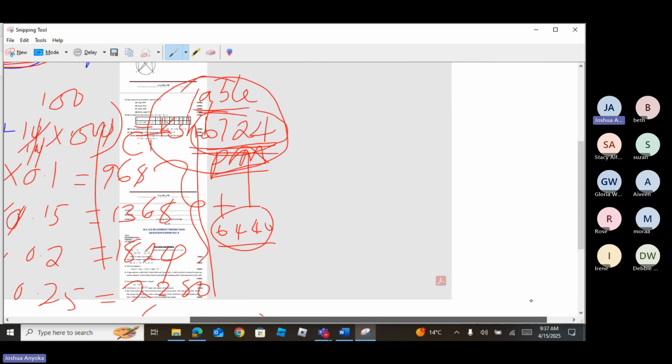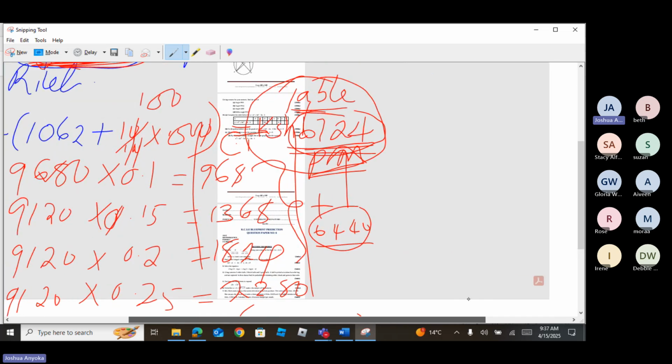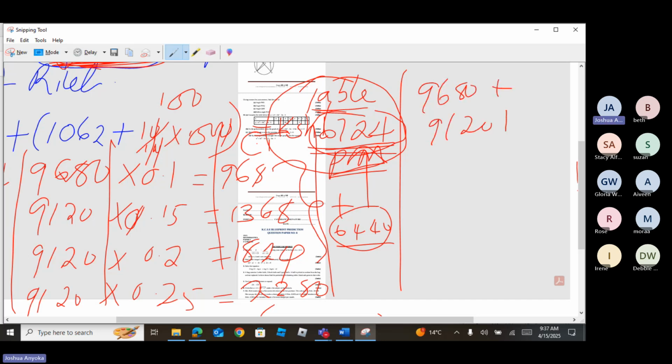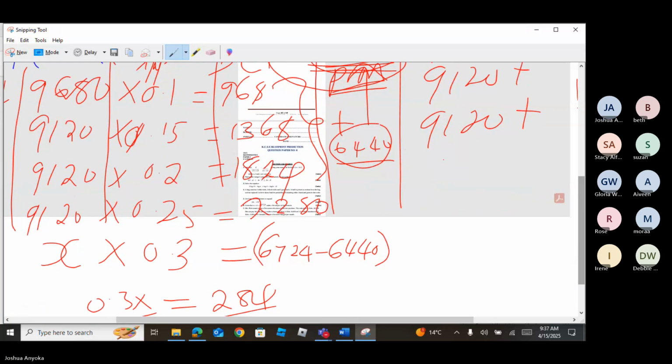So now we want to get the taxable income. Our taxable income will be equals to, tunaongeza hizi zote ziko hapa. It will be 9680 plus 9120 plus 9120 plus 9120 plus x, which is, umeniambia x is what?